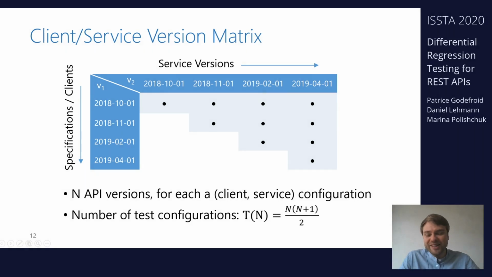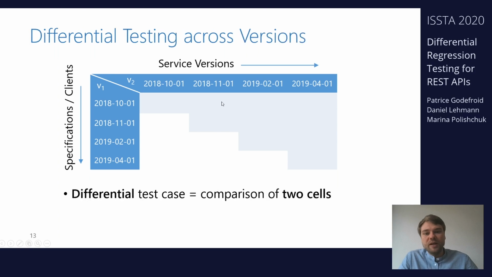But this is not yet differential testing, right? So one cell in this matrix is one combination of specification and service, and this is one observed behavior. But what we wanted to do is compare two different behaviors or service outputs against each other under two different combinations. And this means we have to compare two cells in this matrix. The comparison in this direction are service updates where the specification stays constant.